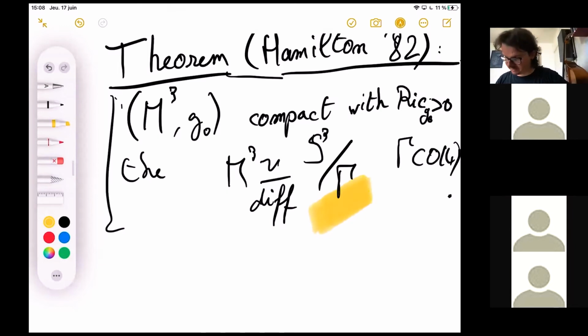So that tells you that there's no group, and M is just diffeomorphic to S3. So that is some kind of a step towards proving that any simply connected compact three-manifold is diffeomorphic to S3, which is the Poincaré conjecture. So you do have that, but under a very strong geometric condition.